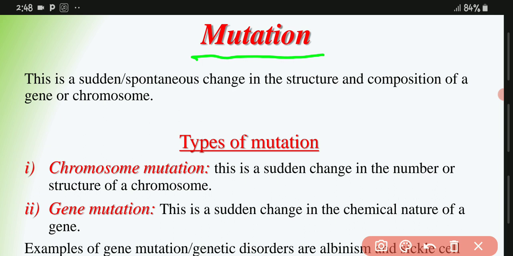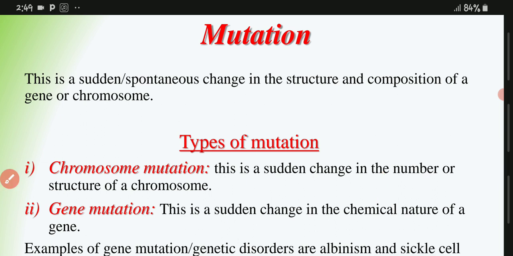Any sudden change which occurs in the structure and composition of a gene or chromosome is what we are calling mutation.